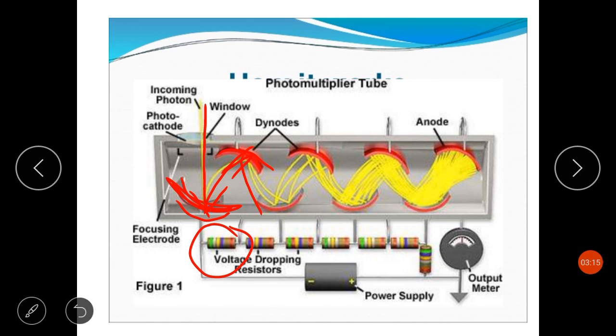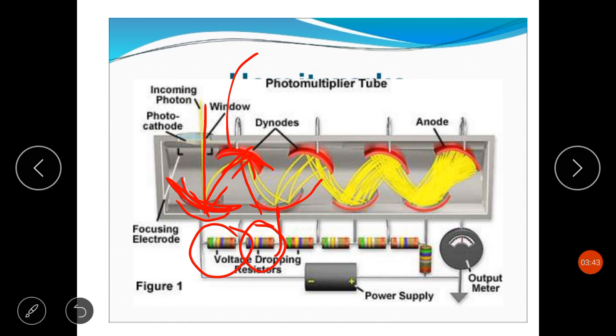In this way, the larger number of electrons emitted from the first dynode again get accelerated by the voltage applied between the first dynode and the second dynode. Because of this voltage, the additional electrons emitted from the first dynode are accelerated and strike the second dynode.